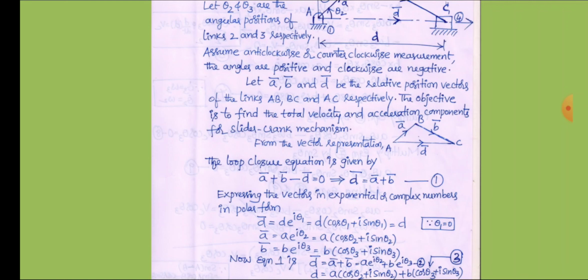After substituting, d bar is equal to a bar plus b bar, which is a into e power I theta 2 plus b e power I theta 3. That I call equation 2. Then further, a e power I theta 2 can be written as a into cos theta 2 plus I sin theta 2, and b e power I theta 3 is equal to b into cos theta 3 plus I sin theta 3. That you call equation number 3.